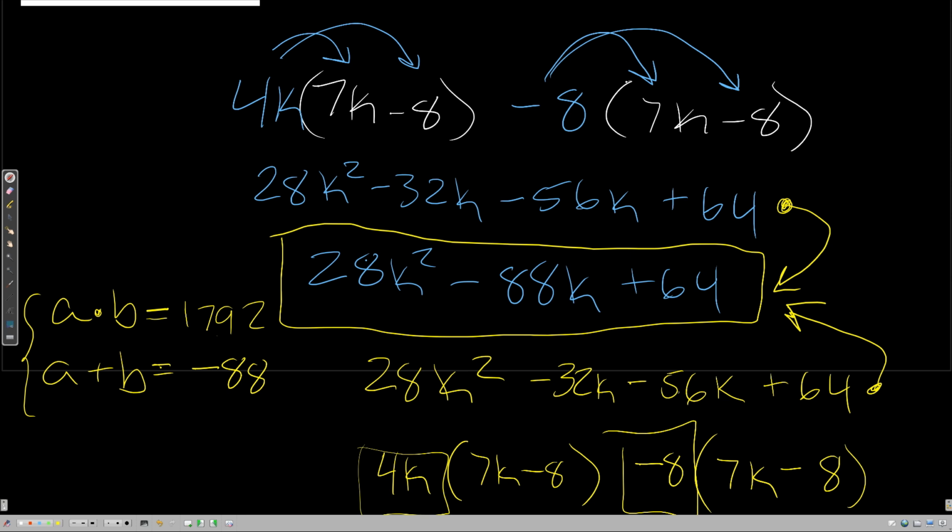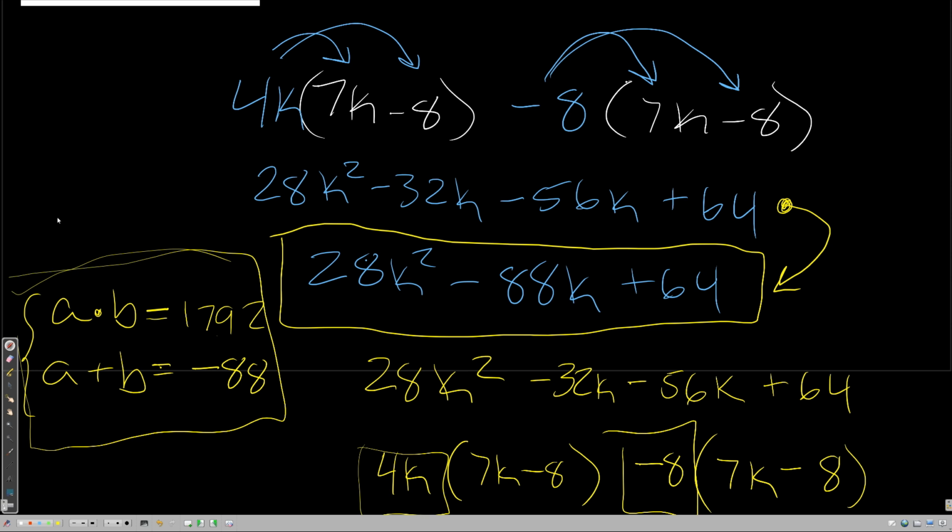We uncombined like terms. We were able to figure out how these two terms looked before you combined them by way of this system that we studied, that we found the solution to.